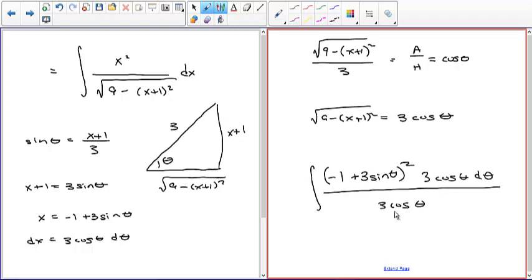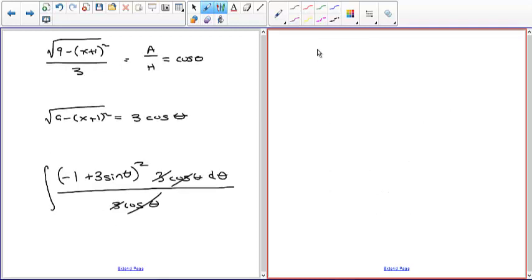Okay, so now you can cancel out those, thank goodness. So it's not quite as bad as I thought it was going to be. So what you end up with is negative 1 plus 3 sine theta squared d theta. So what we're going to do is we're going to just use FOIL to multiply that out and then look at each individual integral.